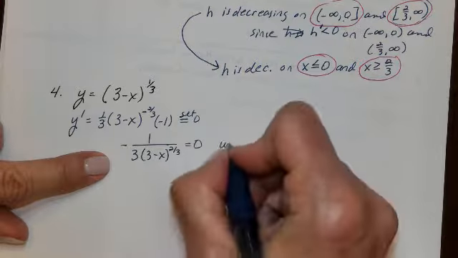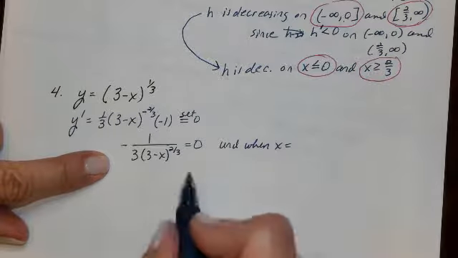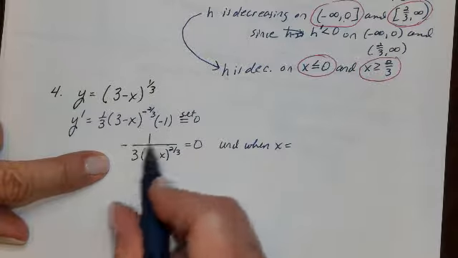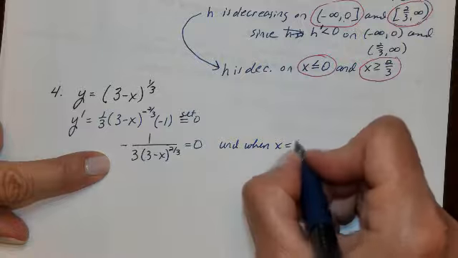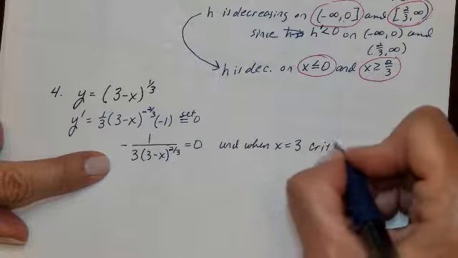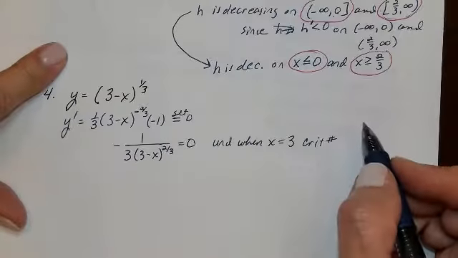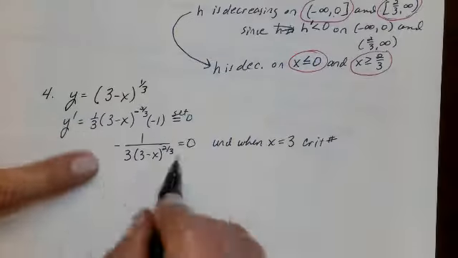So this is undefined when x is what? What x value makes the denominator 0? Well, 3 does. So x equals 3 is a critical number, and it needs to go on our sign chart number line. Okay? Now we finish solving this for x.